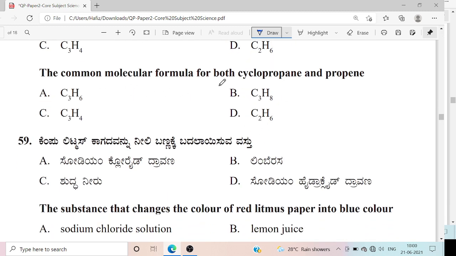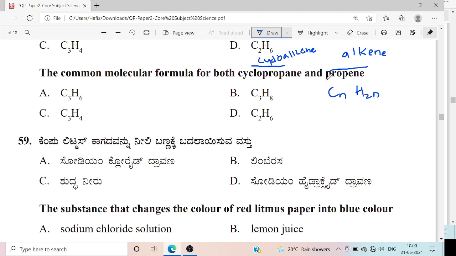Okay, then the next question is on your screen here. The common molecular formula for both cyclopropane and propene. See here, propene belongs to the class of compound called alkenes. And cyclopropane belongs to a class of compound called cycloalkanes. Now you will have to write the formula; these two different classes of compounds have got the same general formula, that is CnH2n.